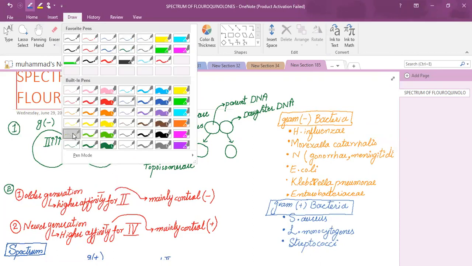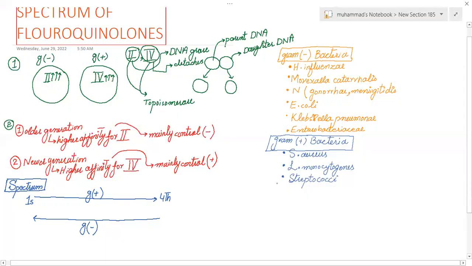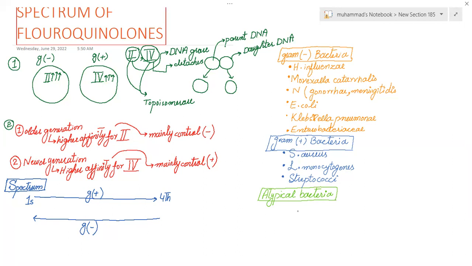Now come towards atypical bacteria. Atypical bacteria are those that neither give gram-positive stain nor gram-negative stain.